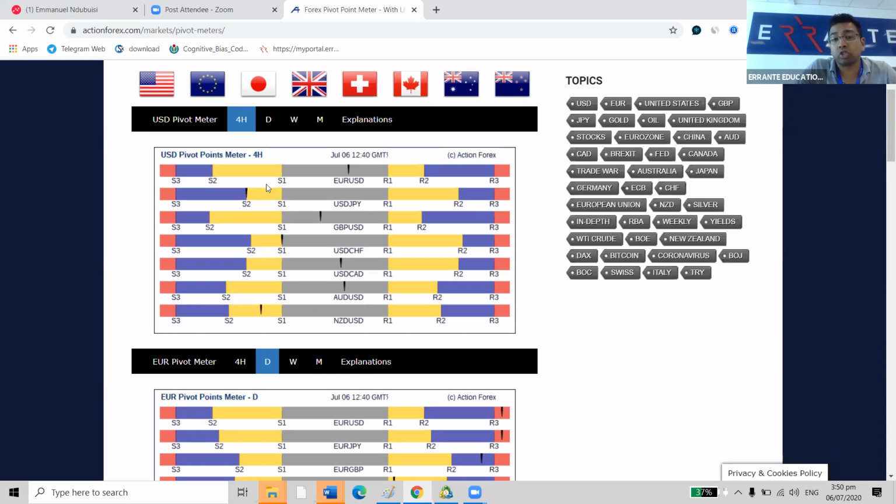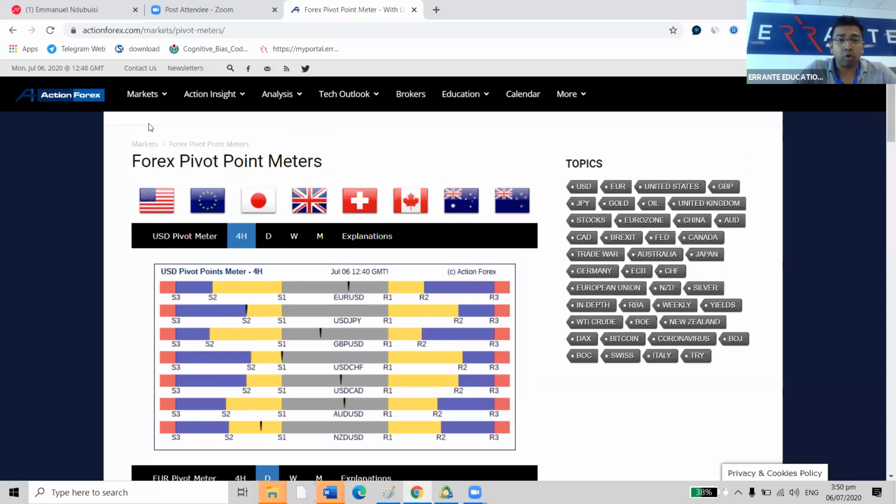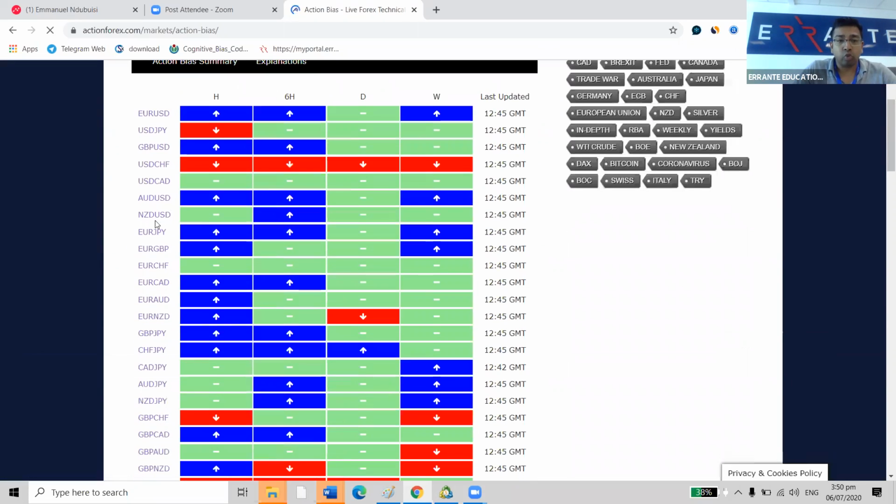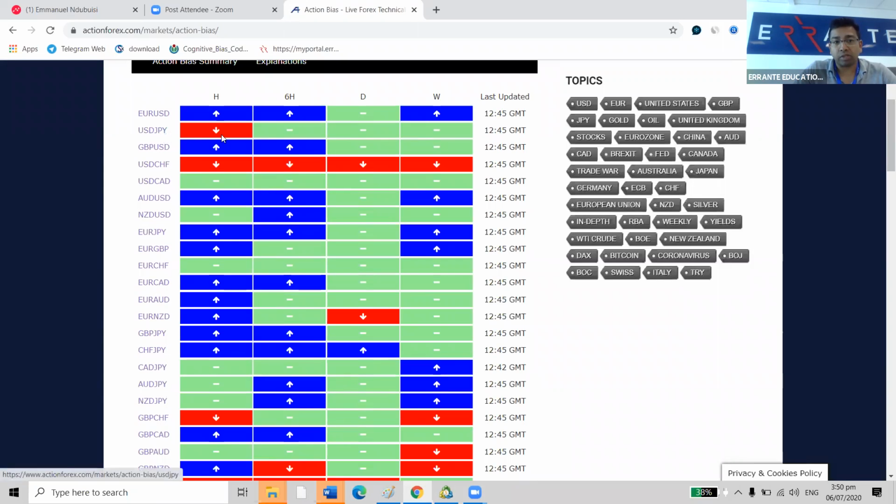So we want to actually check what is going on with USD JPY, but then the bias is to the downside. Now, if we go on to markets again and we want to double check the trend, we can go on to the action bias and look at USD JPY. And you can see that on the 1 hour, yes, it's still down, but it's still neutral, neutral, neutral here. So it's not very clear that it is going down, going down, going down.